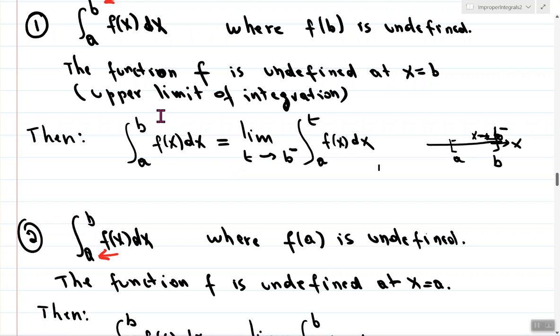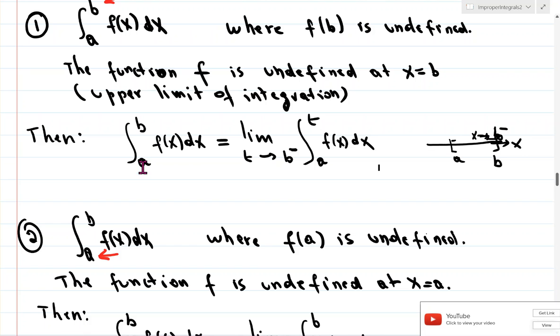To solve this integral in case 1, we're going to again change this improper integral as a limit. Since the function f of x is undefined at the upper limit of integration, we go where the limit of integration is, change it to t, and take the limit as t approaches b minus.